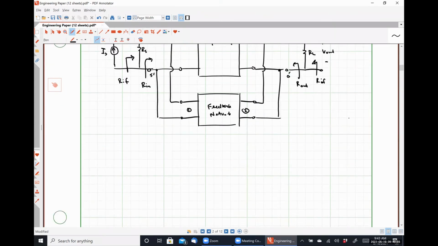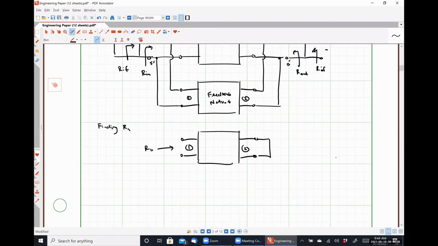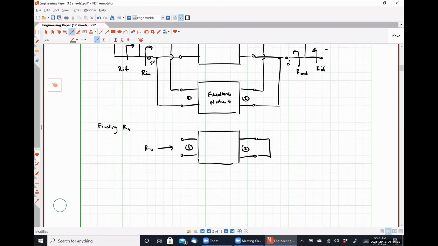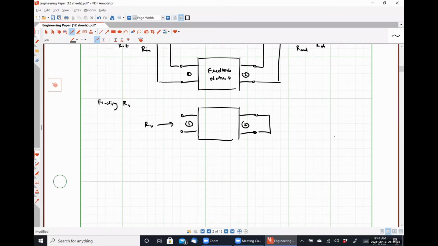All right, so finding R11, if this is our feedback network, port 1, port 2, we're going to look in through port 1 with port 2 short circuit. And we're doing this because we're connected to the output of the open loop amplifier in parallel.